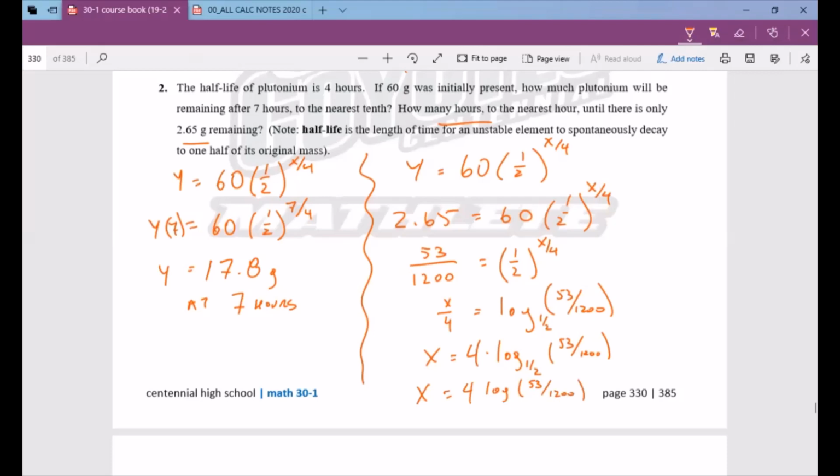You'll need to open brackets for that. And divide that by log 1/2. Either way, whether we do this in the previous step, if your calculator can handle that, or if we need to take this a step further, our answer for this ends up being 18 hours.